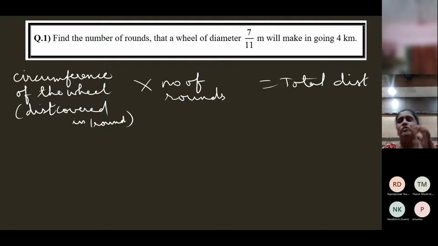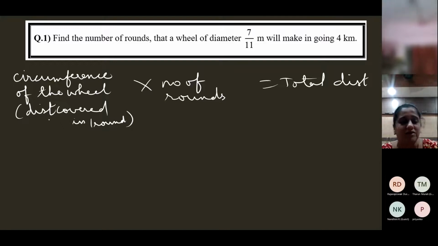Supposing, just for example, in one round you're able to go 2 kilometers. Not on the wheel, some round, say you're going around a park. In one round, you go 2 kilometers. If you do 5 such rounds, 2 into 5, totally 10 kilometers.